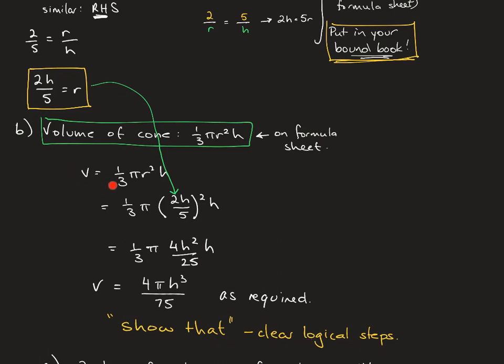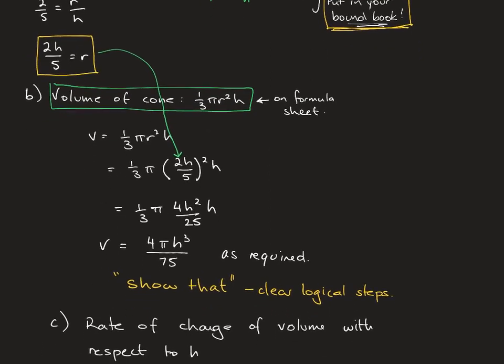Okay, so you need to start with a basic formula, substitute in and then rearrange. If you don't show this, you won't get the mark for the show that, because there's no marks for the final answer. The mark is for this. And in this case, probably substituting that in with clear working. I hope I emphasised that enough.